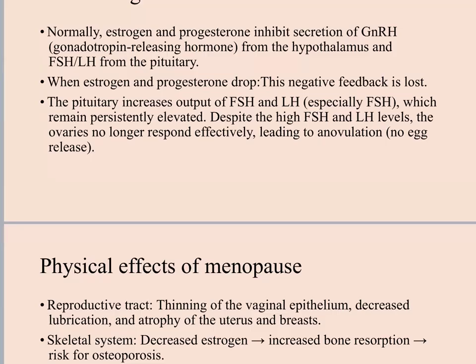So, in response, without hearing that message, the pituitary is just going to keep pushing out FSH and LH, especially FSH. And so they're going to stay elevated, but the ovary is not listening. So there's a complete lack of communication, and no egg is released.